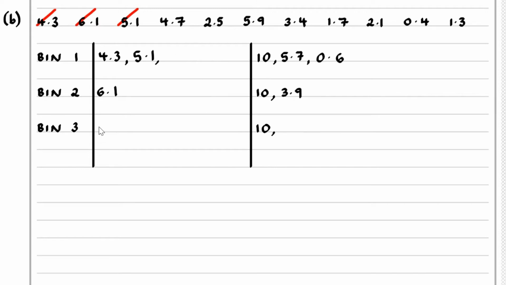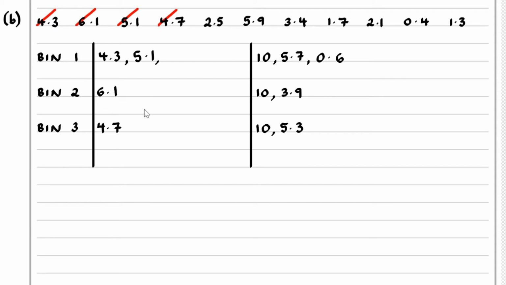We place the 4.7 into it, and so the remaining space will be 10 subtract 4.7, which is 5.3. So let's cross off the 4.7, indicating we've used it up.